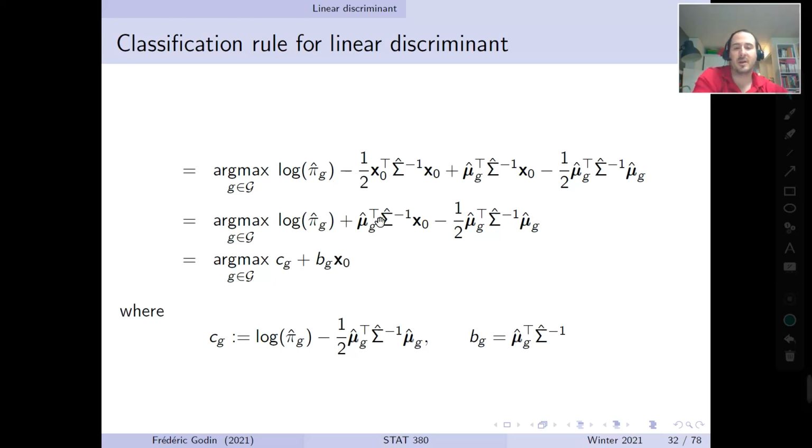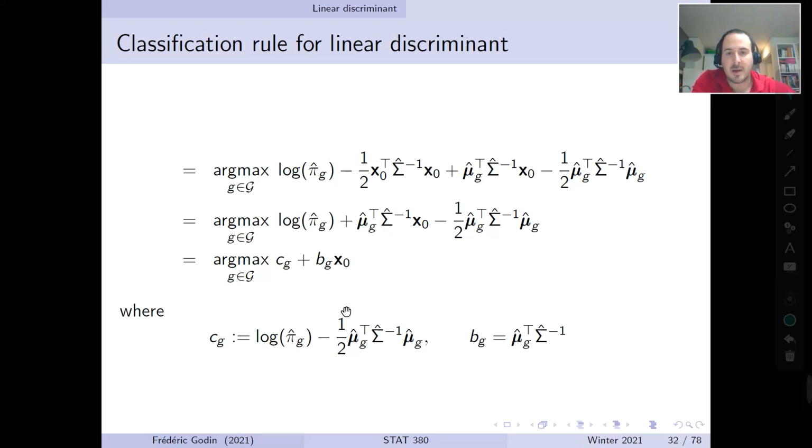What we can do here is take this expression and define Cg and Bg according to the following rule. Cg we can define as this term plus this term, which is the minus one half mu transpose sigma inverse mu.